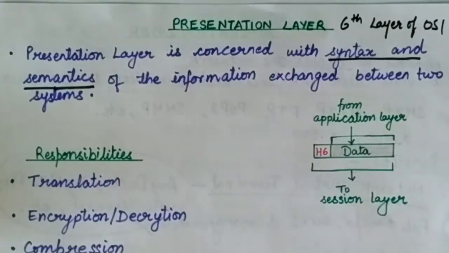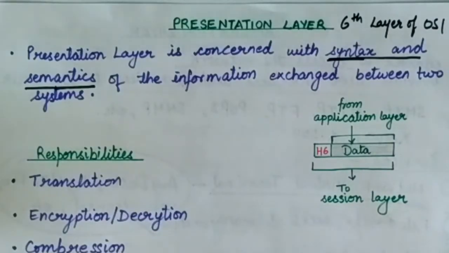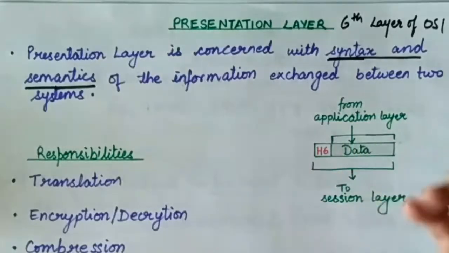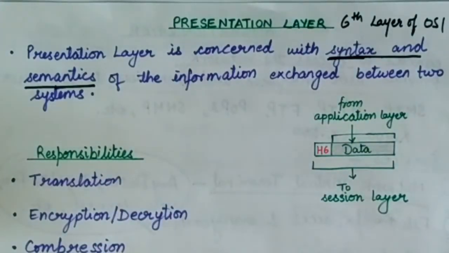That is, when two systems or two computers exchange information, they must follow syntax and semantics. You already know what syntax is. Syntax is the grammar or the structure of the language, that is the rules. And semantics is the meaning of the sentence, that is, whether the sentence has valid meaning or not.